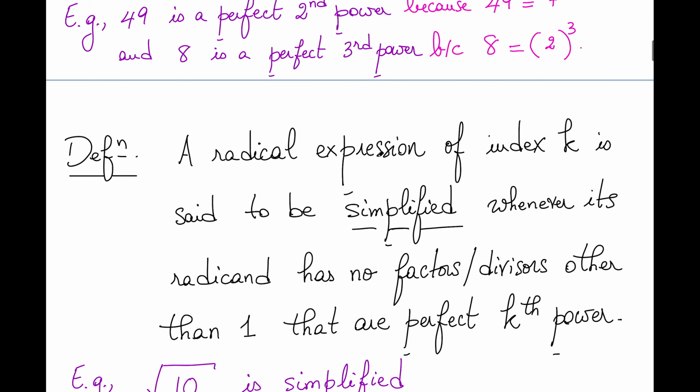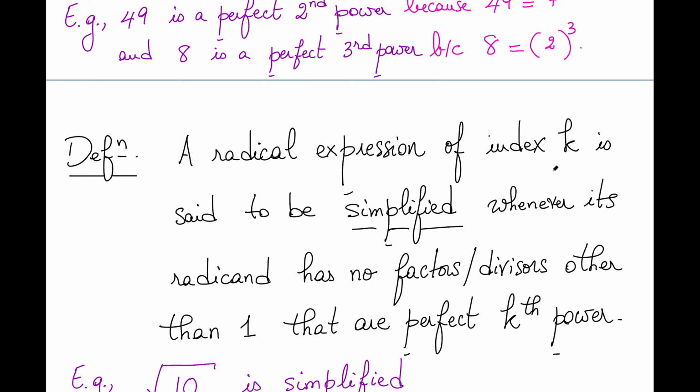So one more time. A radical expression of index k is said to be simplified provided its radicand has no divisors or factors other than one that are perfect kth powers. Okay. Just allow a little bit of time for this definition to sink in.